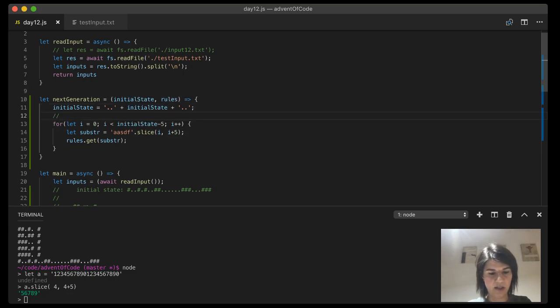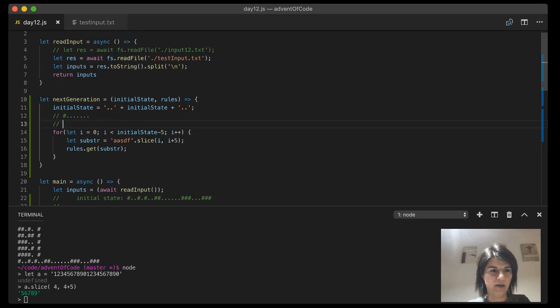If my string is a sharp and then some symbols on the right, and I have a rule that says nothing on the left, nothing on the thing itself, and then a symbol.